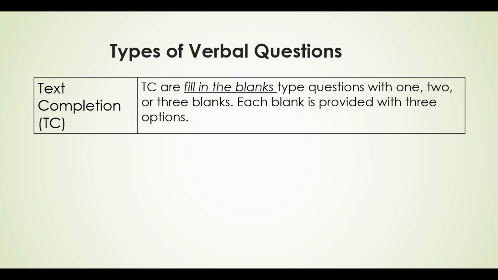So let's talk about text completion. In text completion, you get a typical fill in the blanks type question with 1, 2 or 3 blanks. Each blank is provided with 3 options. Remember, for each blank, you have a set of options.